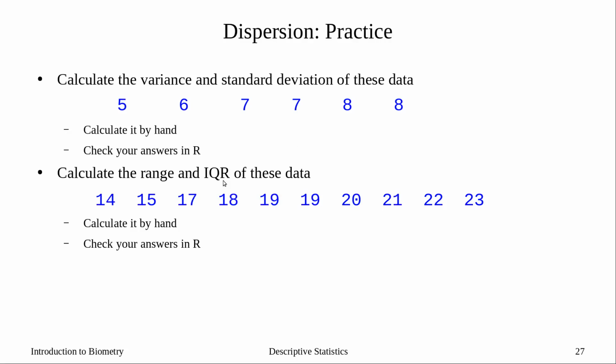For the second one, you could also do mean, standard deviation, and variances if you want and check your answers in R. But for this problem, I want you to calculate the range and the interquartile range of the data. I want you to do this by hand and then get these data into R and check your answers. So pause the video, do this by hand. Once you have the answers, come back and we will review it.